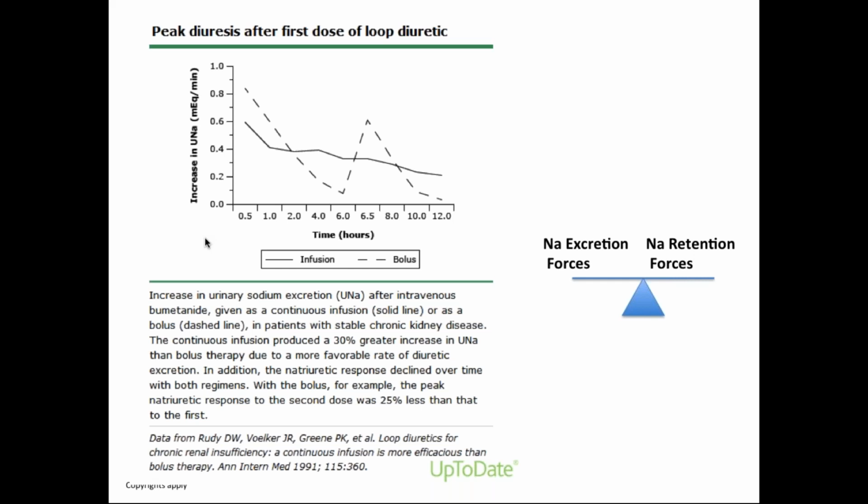Even though the aldosterone goes up, the other sodium excretion forces with ANP and others take over and you reach a steady state. There is a slight increase in volume, but it isn't enough to show up with edema. And so there is an aldosterone escape that happens when you have hyperaldosteronism as well.